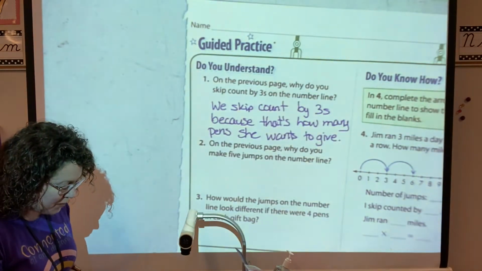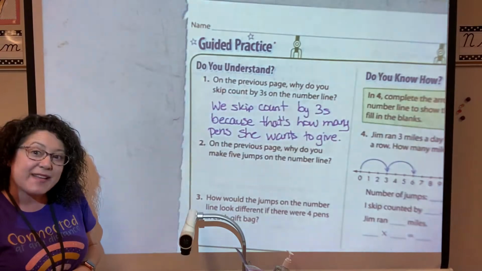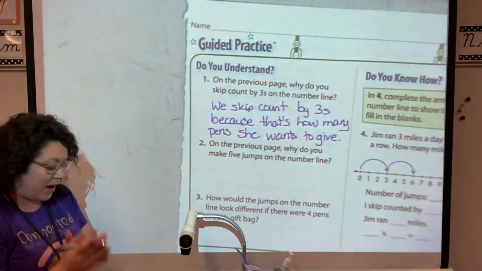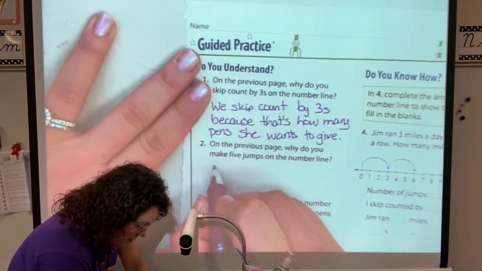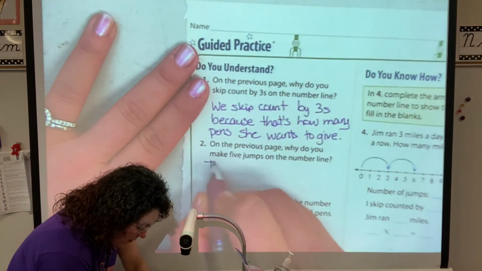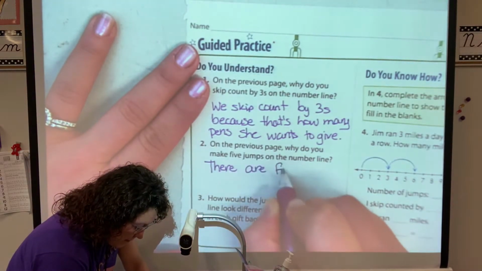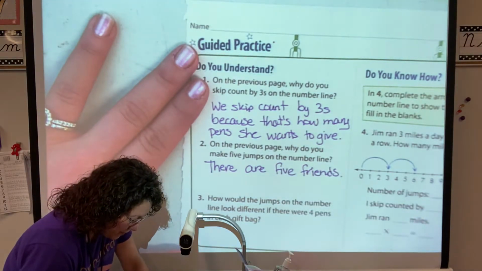Okay, and then it says on the previous page, why do you make 5 jumps on the number line? Because remember, that's how many friends she's giving them away, right? So they are 5 groups. There are 5 friends, which is like a group.